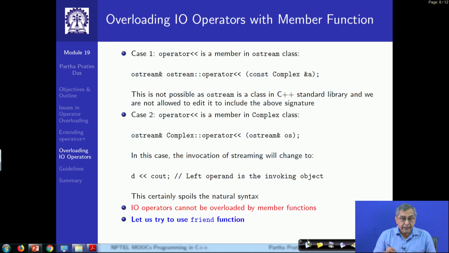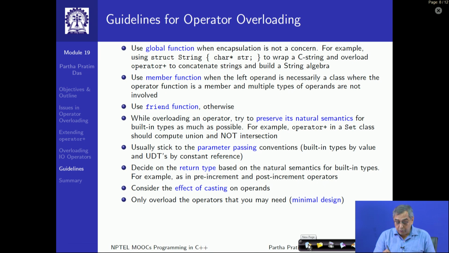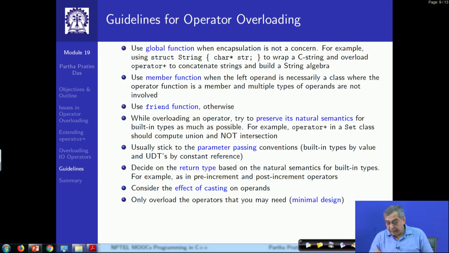So, given that, the only option that remains is to make it a global function which I make a friend function. There are some options given here, but a simple option is you make it a global function, but you do not break the encapsulation of your user defined class. The data members, keep them still private, but make this a friend function in your class.